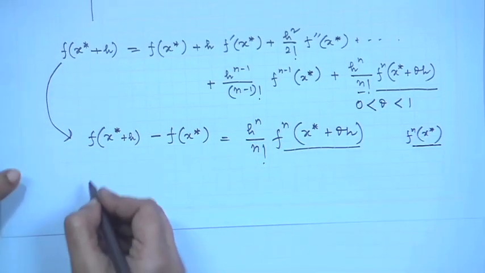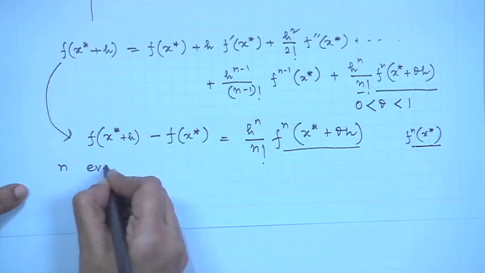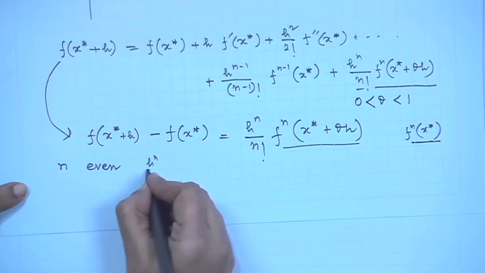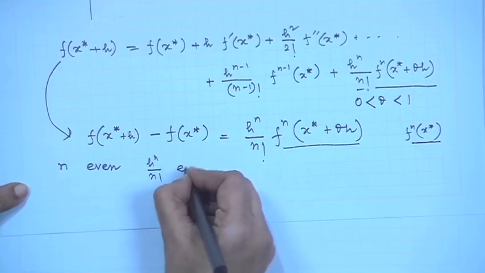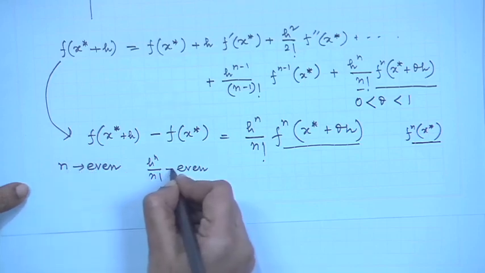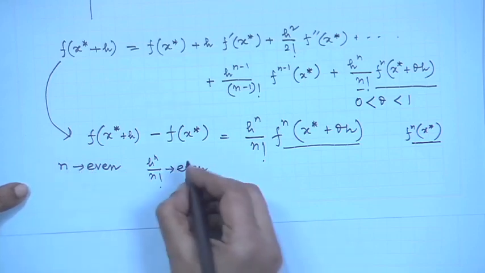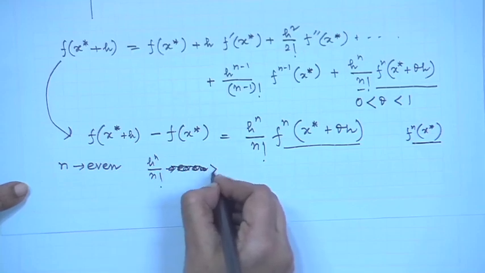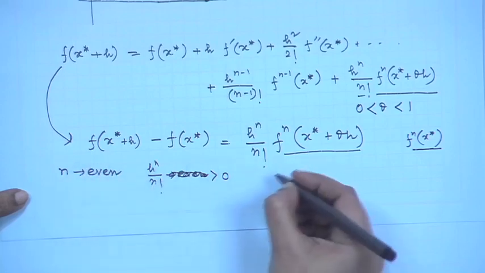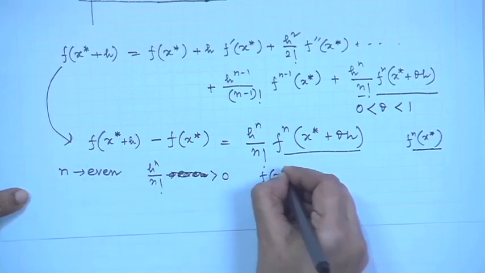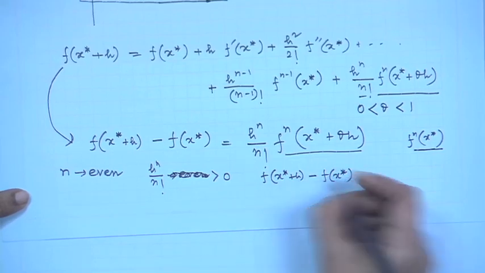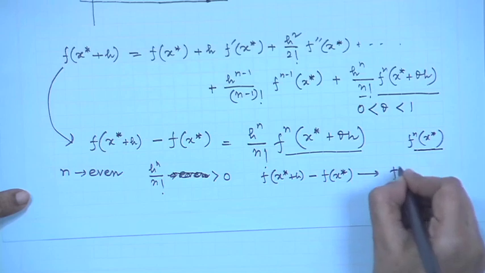Now you see, if n is even, then h^n by n factorial will be greater than 0. All right. That means we are saying that f of x star plus h minus f x star has the same sign as the sign of f^(n) x star.